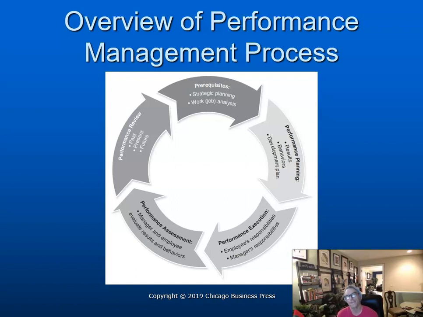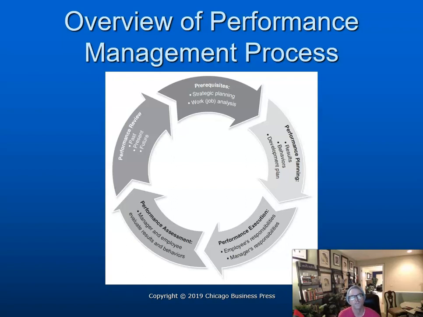So all that background leads us to the persons that we hire to accomplish a series of tasks that cumulatively is going to allow us as a department or division, ultimately as an organization, to meet our overall objectives. So we start with that employee, and then we put them through what is often called a performance management process.